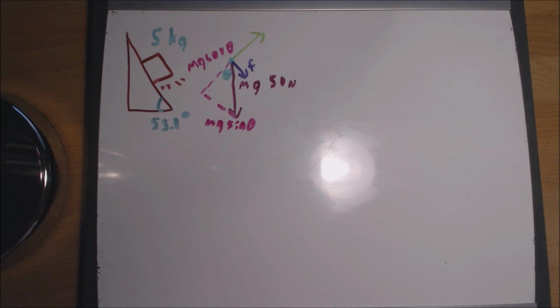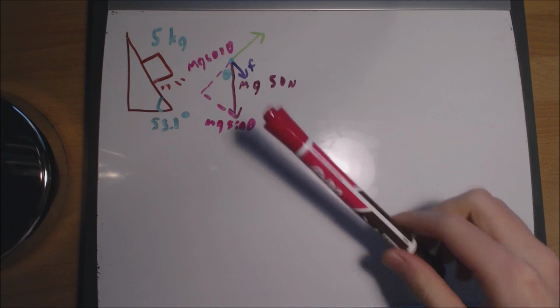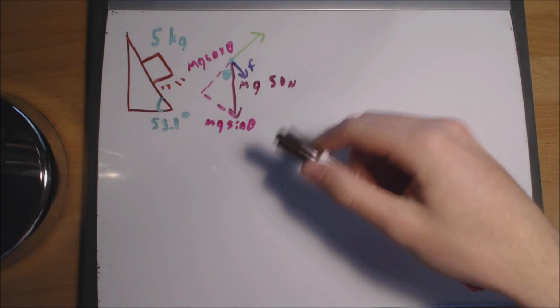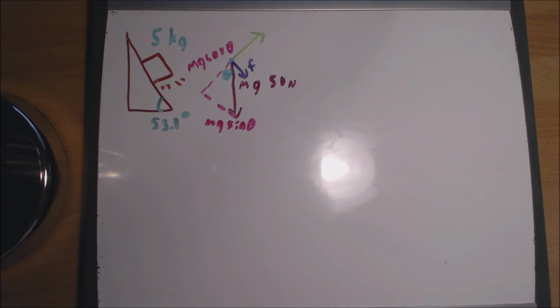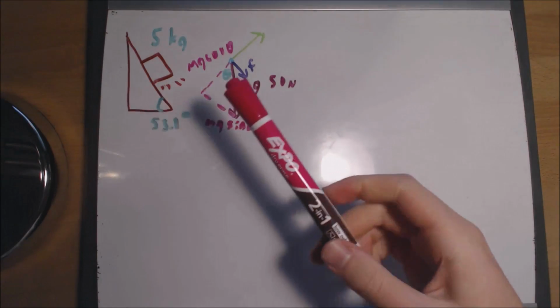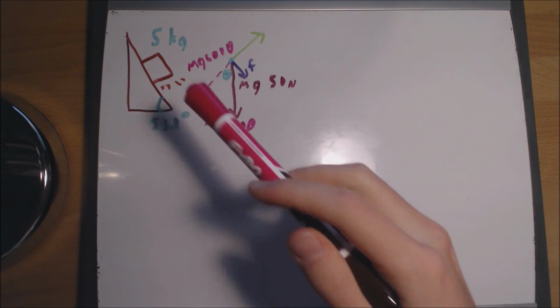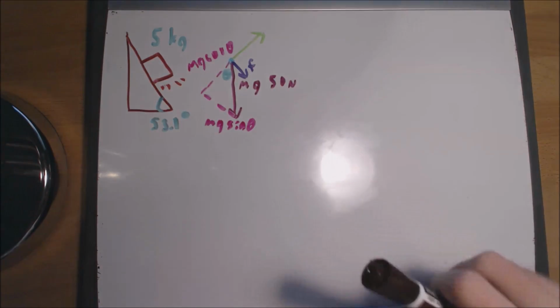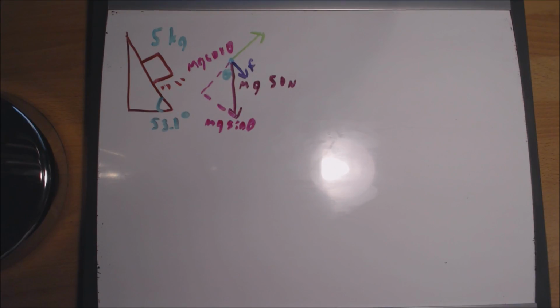What we've got to do is compare the acceleration of the block going up the ramp and the acceleration of the block going down the ramp. When the block's going up the ramp, it's accelerating down because it's slowing down, and eventually it's going to turn around and come back down the ramp.